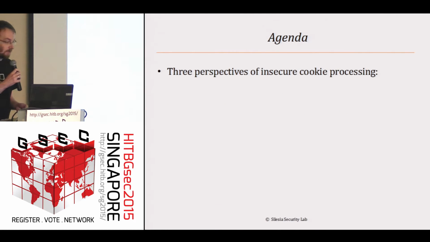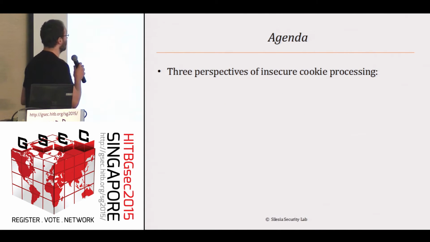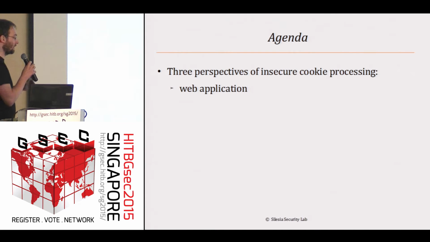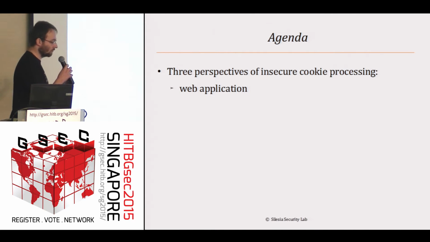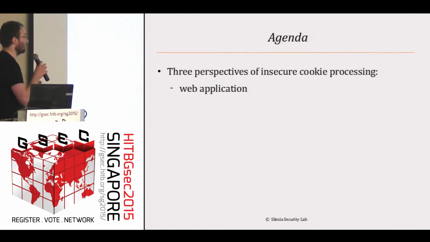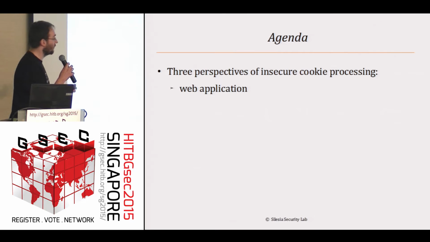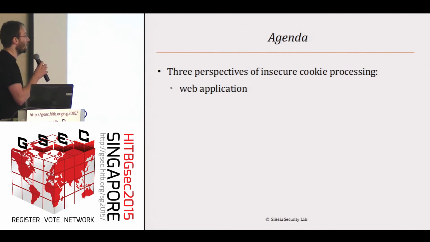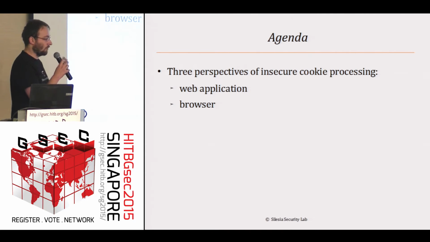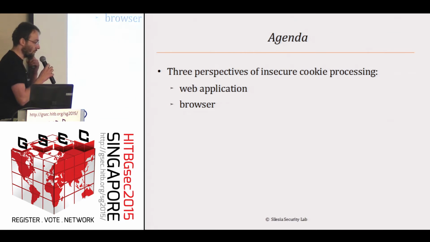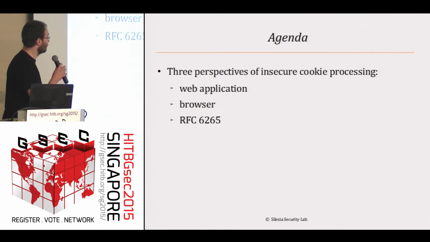Okay, so what's the agenda, basically? I will present cookie hacks from three perspectives. One, web application, the first one that comes to our mind. Another is web browser level. I will show you a few problems right now in current browsers.